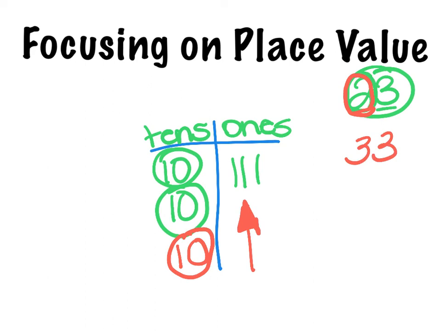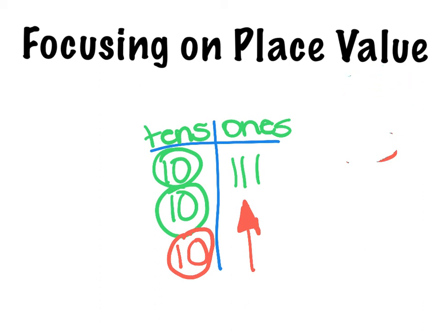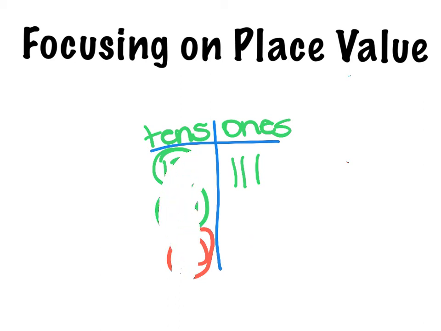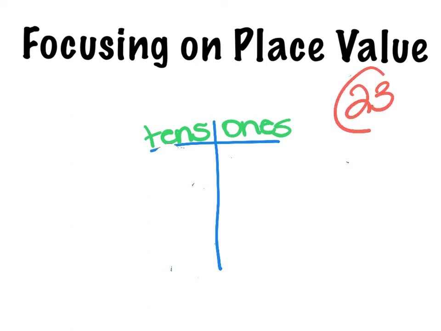Now, say for instance you want to use 10 less. It's the same concept. I'm going to erase this. So I'm going to write the number again. Our number is 23. So we write or represent 23.